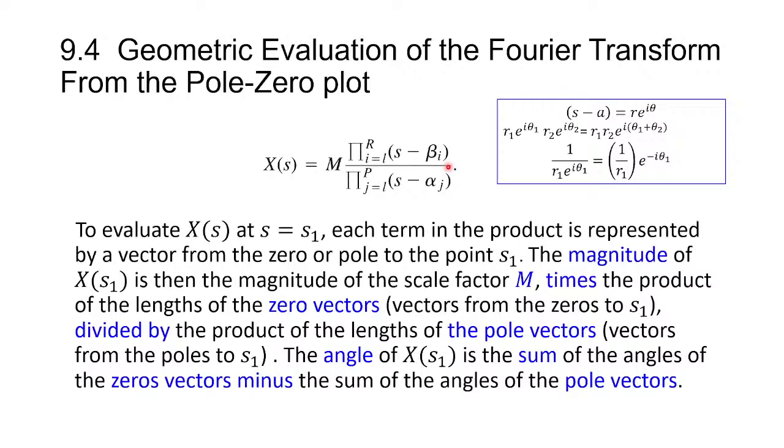So s minus beta or s minus alpha is going to be a complex number, and we can write this complex number as some magnitude times a phase factor with an angle theta, because for a complex number you can always write it as a magnitude times the angle.